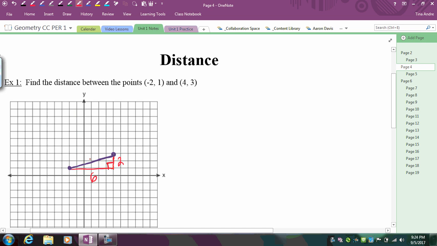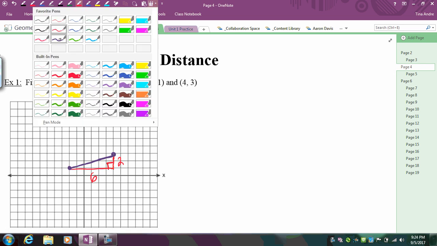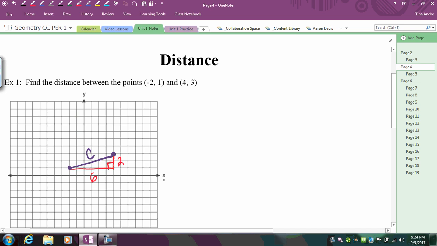So if I want to find the length of this purple segment here, that's going to be my c, the first method I can do is use the Pythagorean theorem. So I'm going to go ahead and write that. Method number 1 is really the graphical way of doing this. So that's going to be using a squared plus b squared equals c squared. So what we do is we go ahead and plug in.